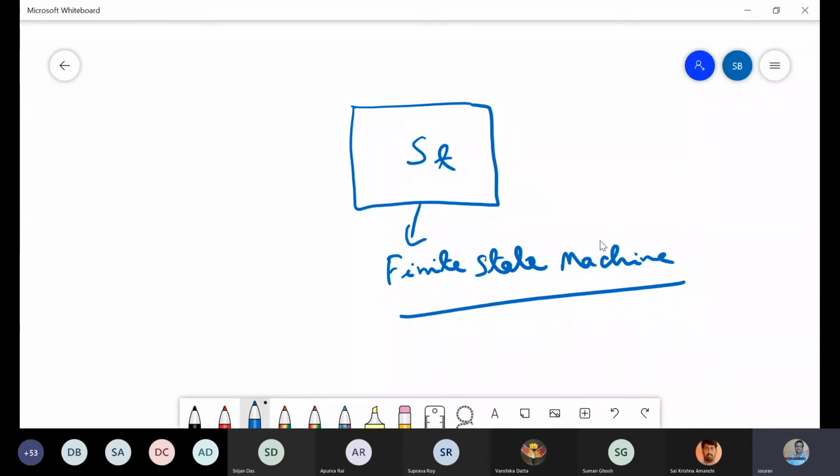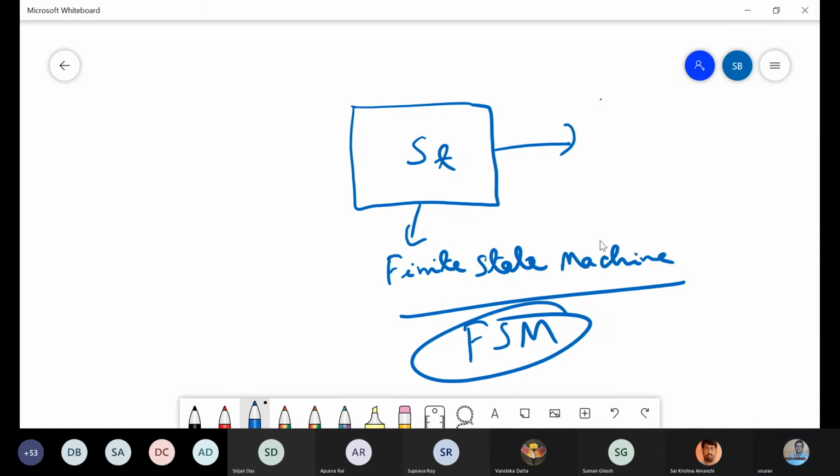Most current computers have a 64-bit register, so it is a finite state machine with 64 bits. Anyway, we have some size of this machine, and it has some states. The state size depends on our designer. So we have some state, and this state will update with some function g.